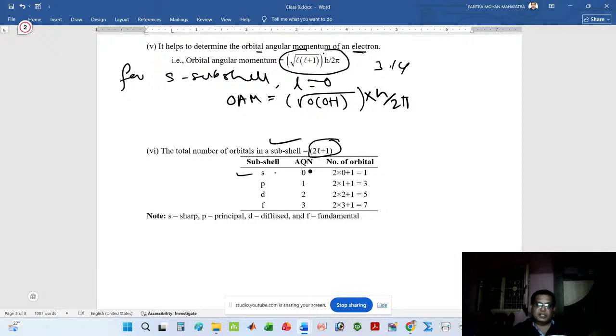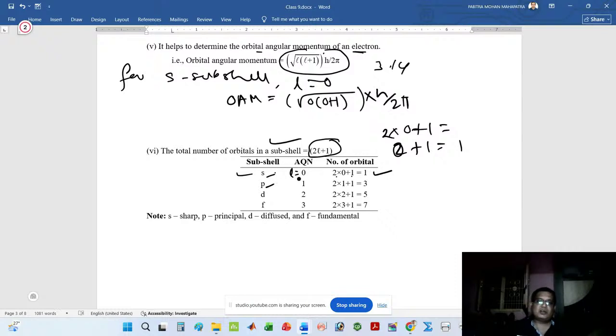For S subcell, the value of L is 0. Now put it here: 2 into 0 plus 1 is equal to 1. That means S subcell has the number of orbitals 1.